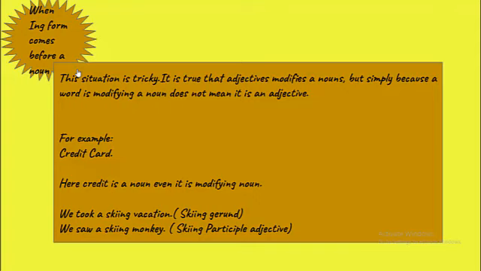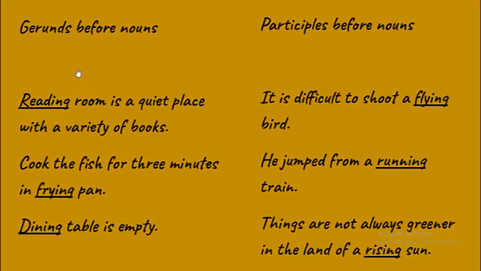So here I have brought one simple answer for you for this. First, look at these examples carefully. Reading room is a quiet place with a variety of books. Is it? Is your reading room a quiet place? Mine is not. Cook the fish for 3 minutes in a frying pan. Dining table is empty. Oh yes, my stomach is empty as well.